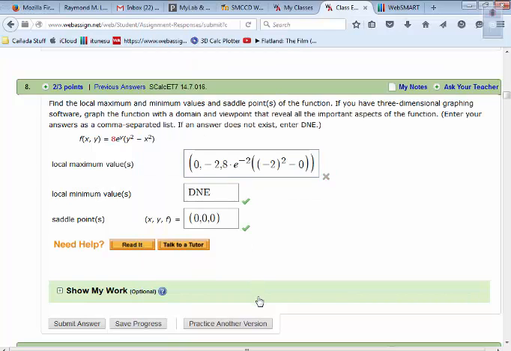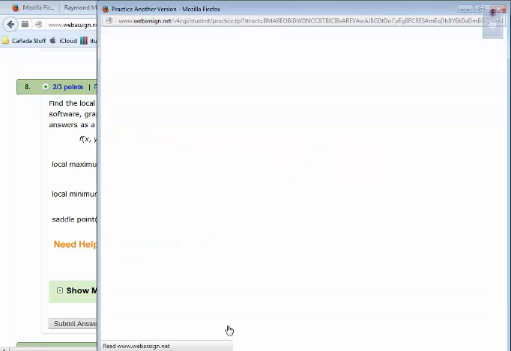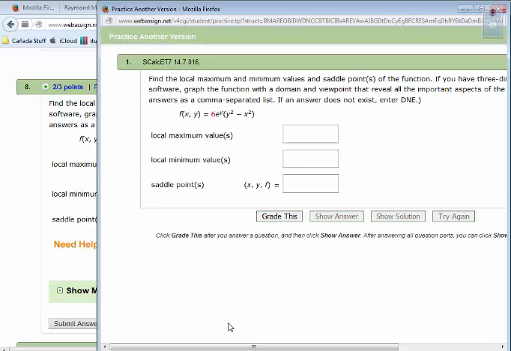Practice another version. Oh, it's going to take too long.